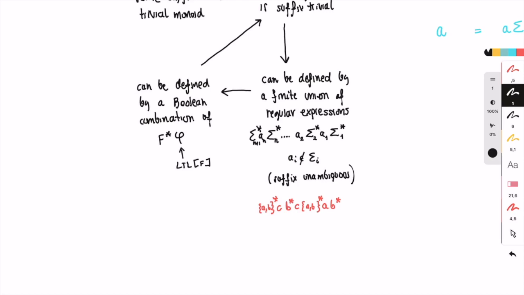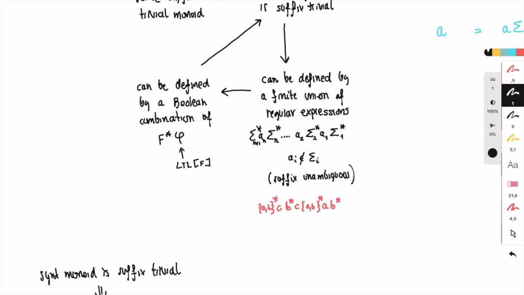So let's begin with: the syntactic monoid is suffix trivial implies that it's a union of suffix unambiguous expressions. Now, before I continue, there's a nice thing about suffix unambiguous regular expressions.